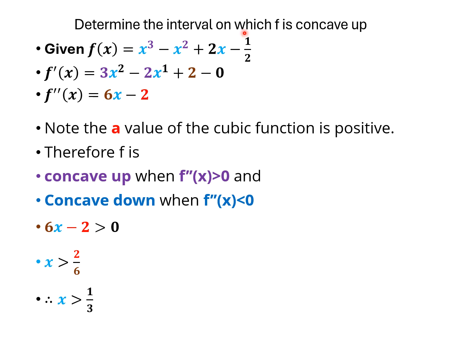So determine the interval on which f is concave up. Once I hear the word concave, up or down, or concavity, I need to find the second derivative. So given to me, f(x) is x cubed minus x squared plus 2x minus half.